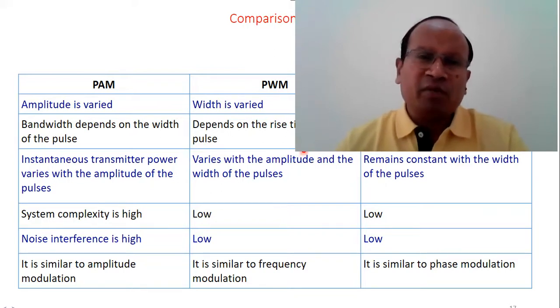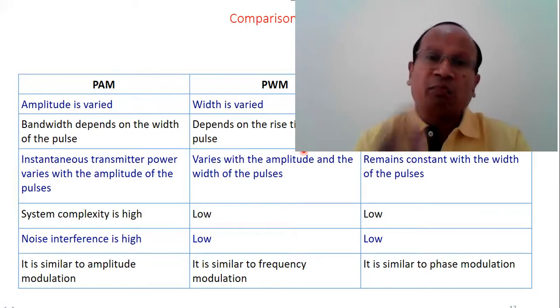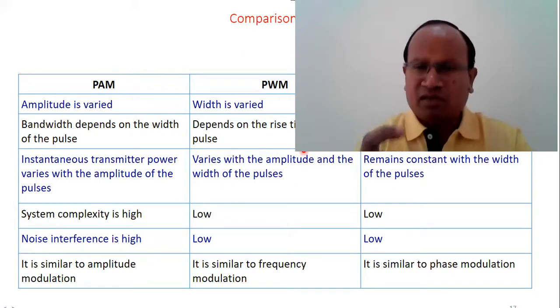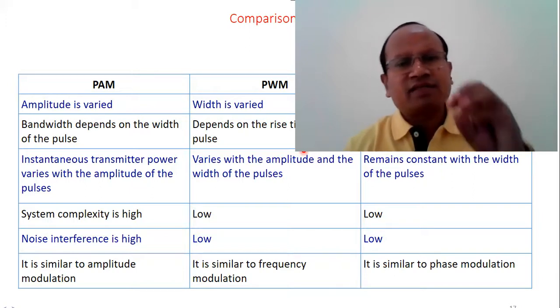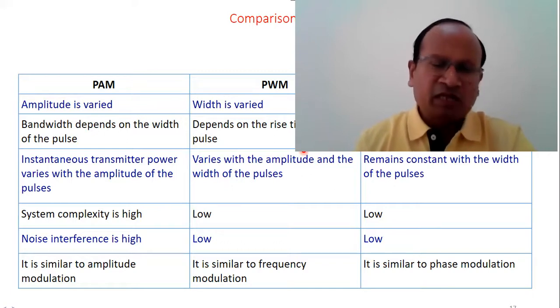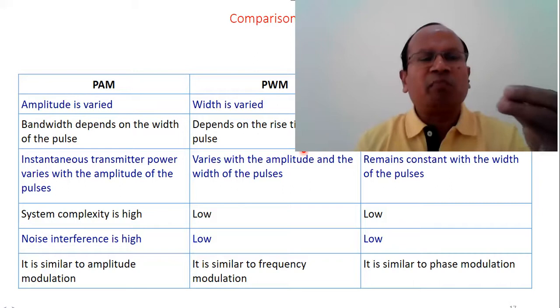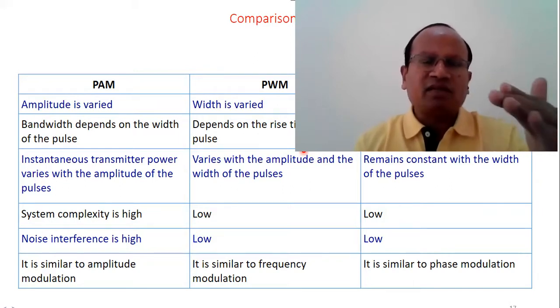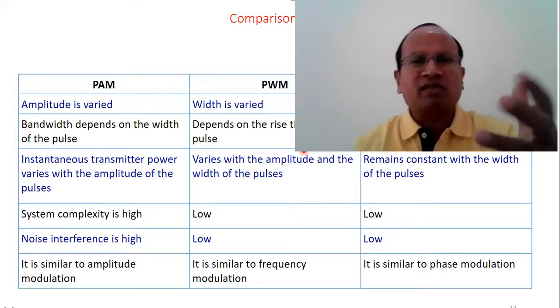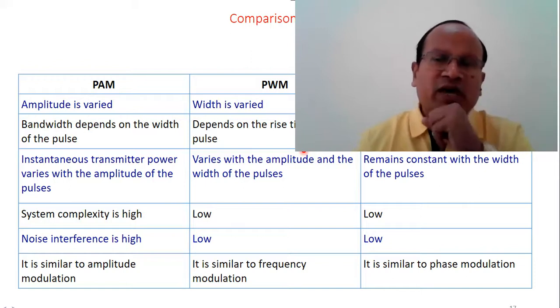In addition to all these methods, we have also discussed PCM. We have introduced PCM and delta modulation. PCM is also an important method, which is a digital pulse modulation method, in which we encode all the pulses in terms of some binary numbers. Some numbers are assigned to the different pulses. There are three major stages used in PCM: sampler, quantizer, and encoder. The sampler converts the signal into the form of pulses, and then some approximation to make it nearer to the original pulse is done by the quantizer.